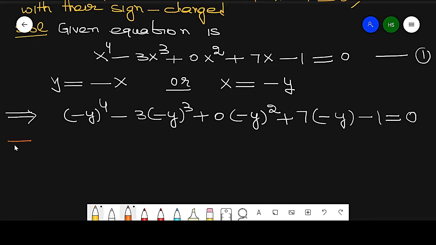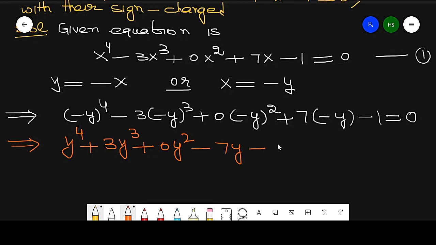So this equation becomes y raised to power 4 plus 3y cube plus 0y square minus 7y minus 1 equal to 0.